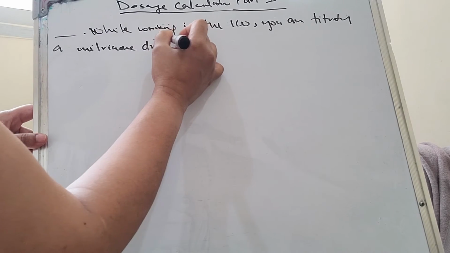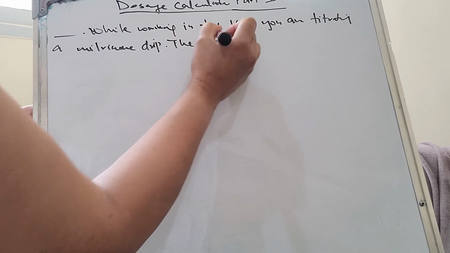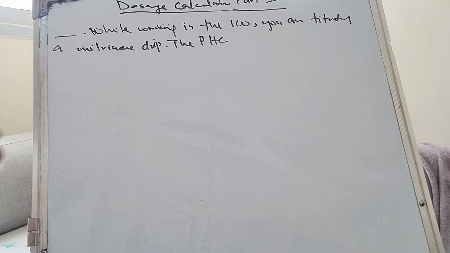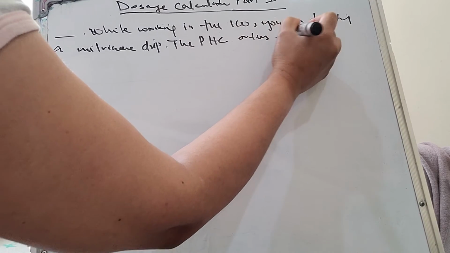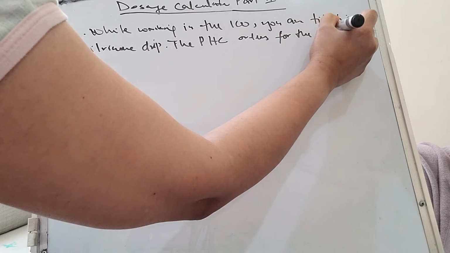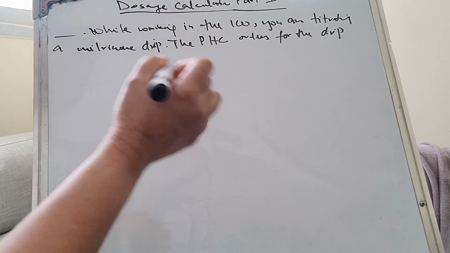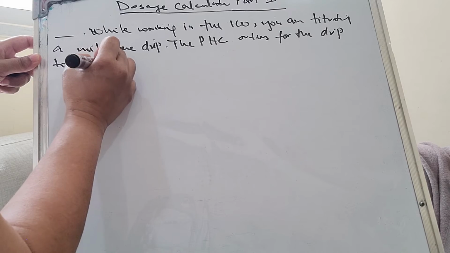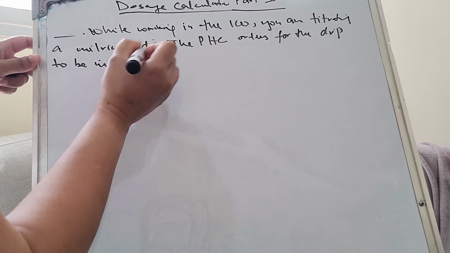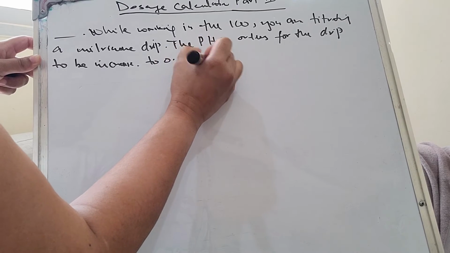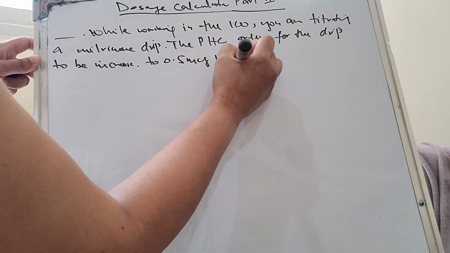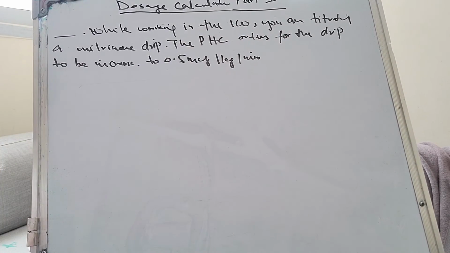The primary healthcare provider orders for the drip to be increased to 0.5 microgram per kg per minute. Here it is not hour.